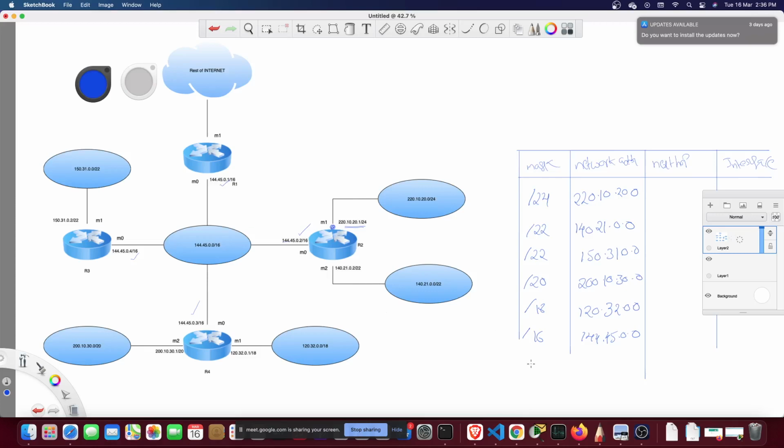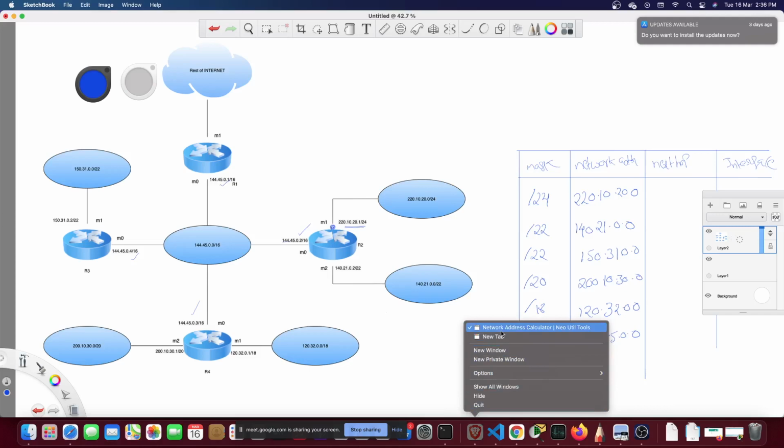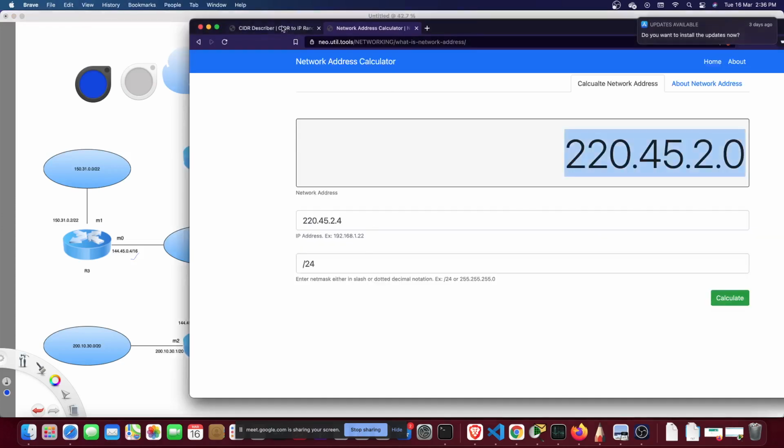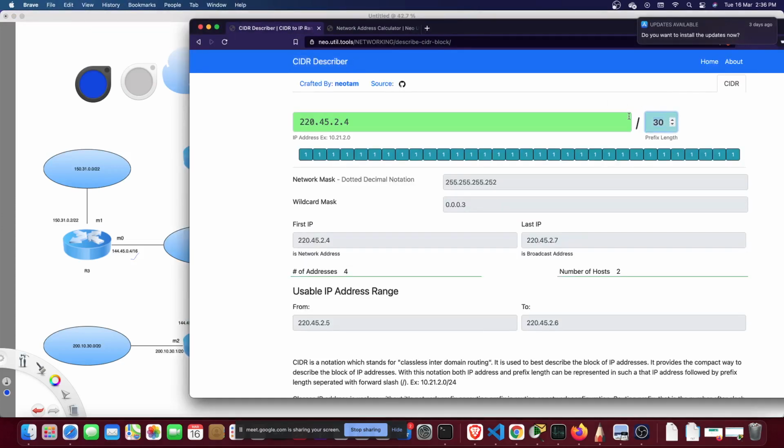What is the default mask? The prefix for the default mask is slash 0. We discussed that if you use slash 0, it matches all IPs. How many addresses are there? 4 billion. What is the prefix length? 0.